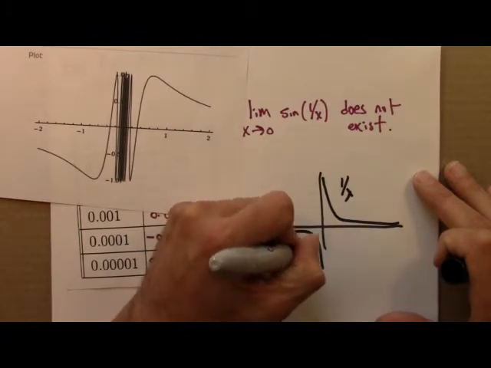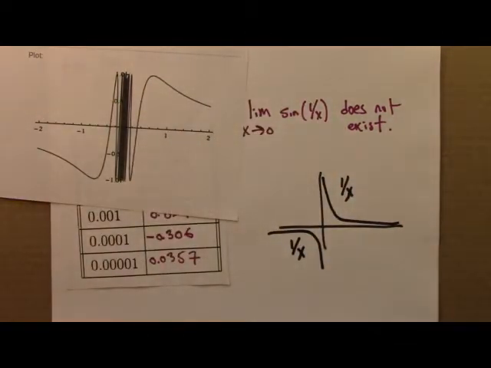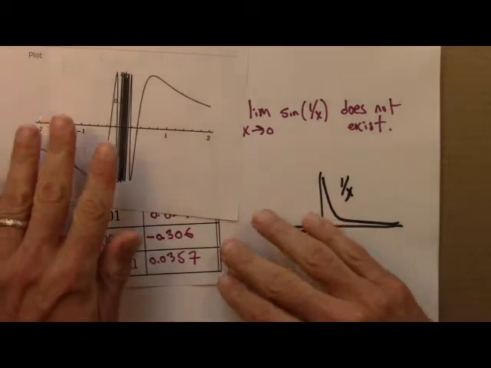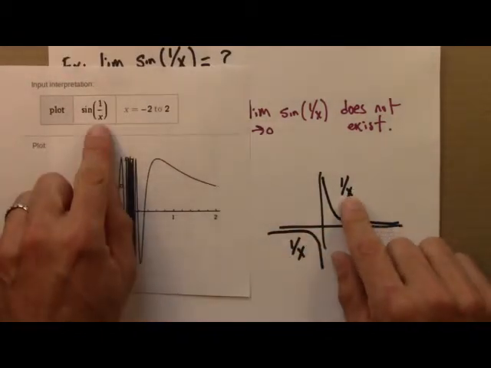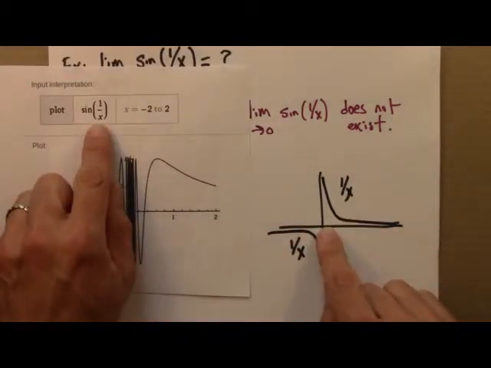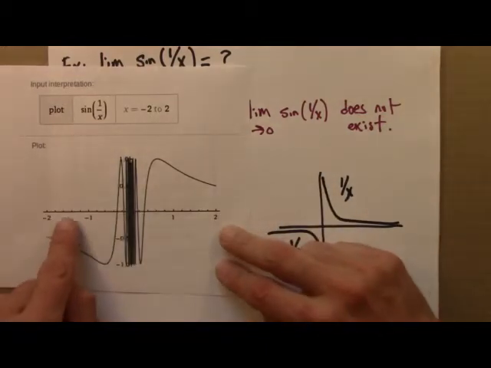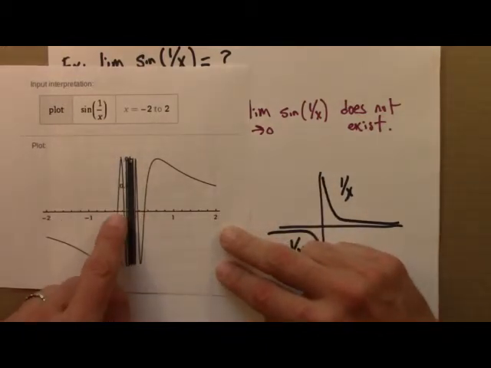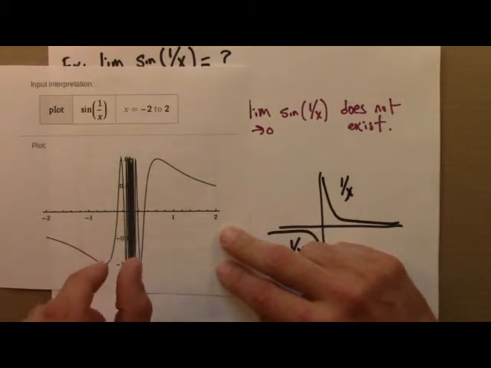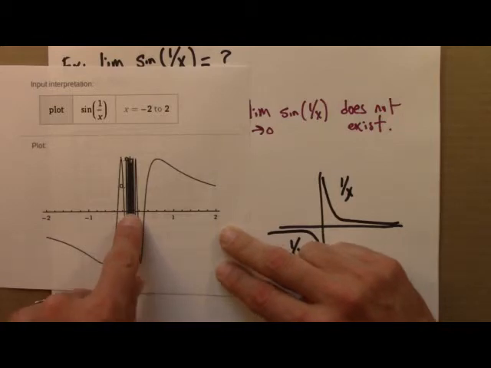And so the first function that happens is 1 over x, and that increases very, very quickly as you get close to 0. So this is a sine wave whose period is changing very quickly over tiny little intervals as you get close to 0.